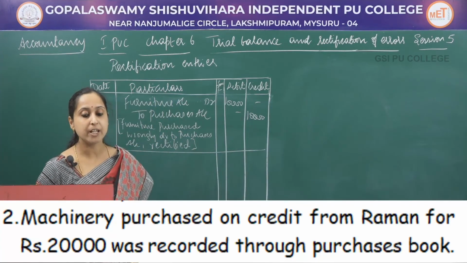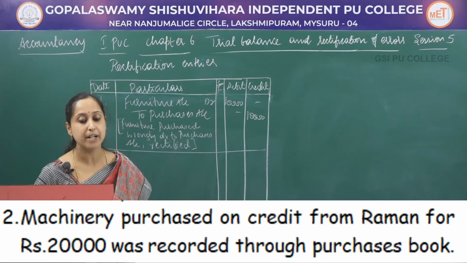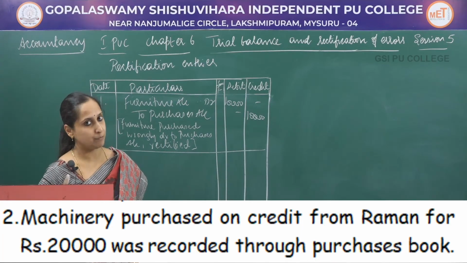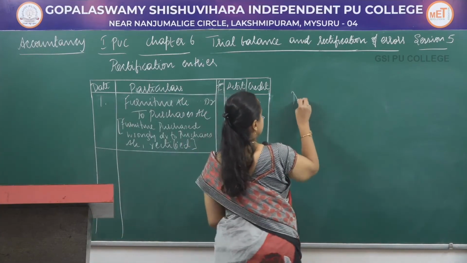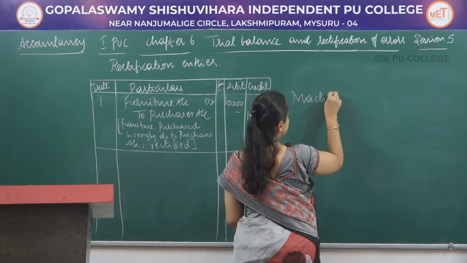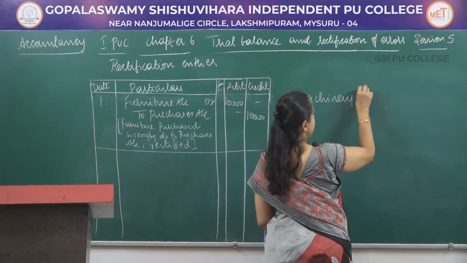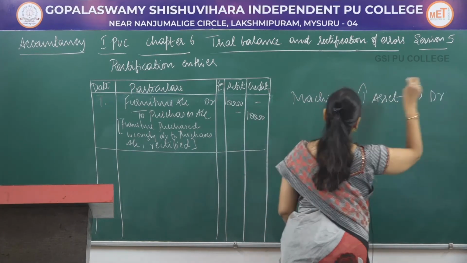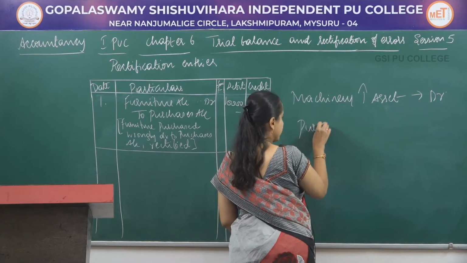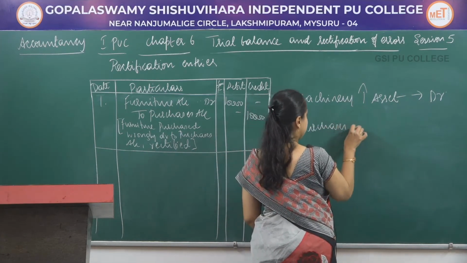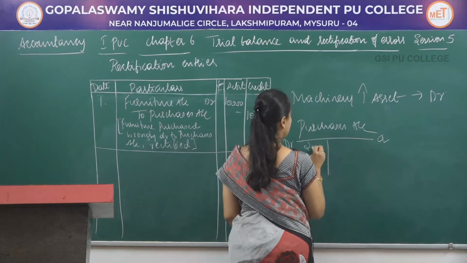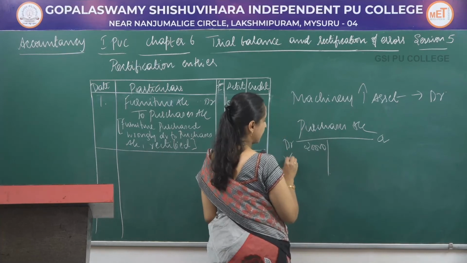Next one is machinery purchased on credit from Raman for rupees 20,000 was recorded through purchases book. Again, here they have purchased machinery. There is an increase in asset. So increase in asset means it must be debited. So instead of debiting machinery account, again they have written in purchases account. 20,000 they have written, but this is wrong.